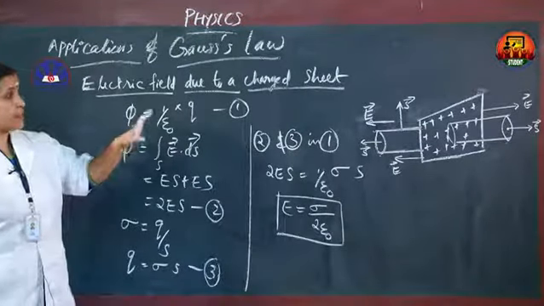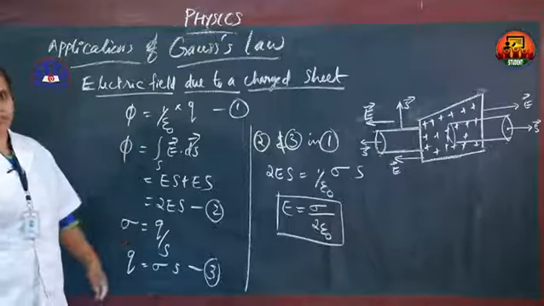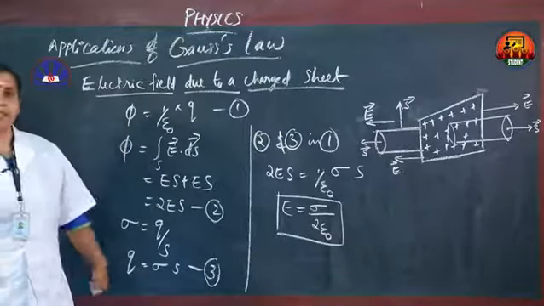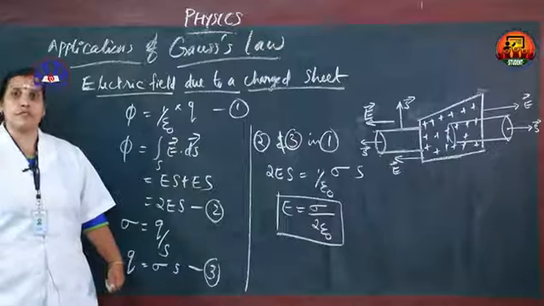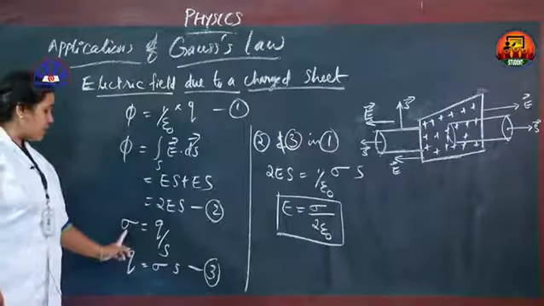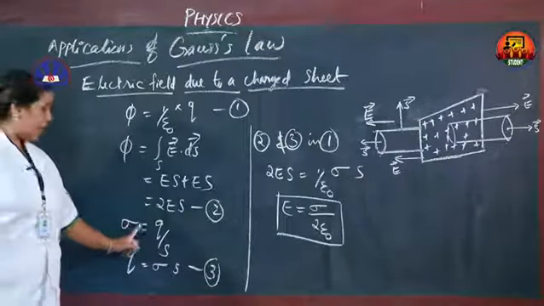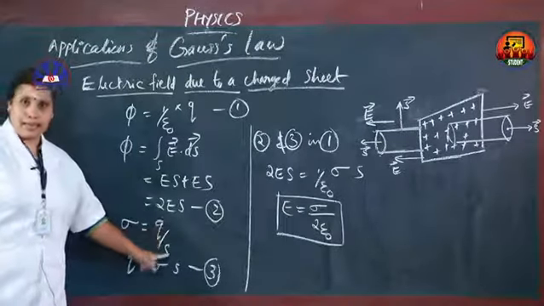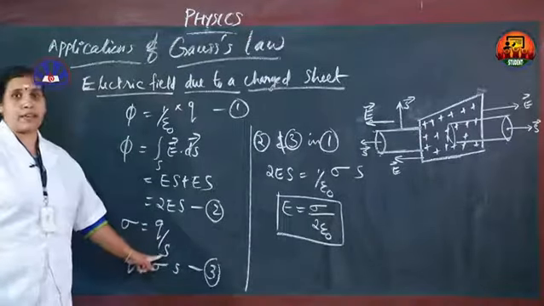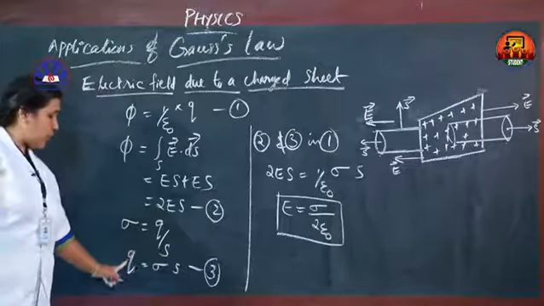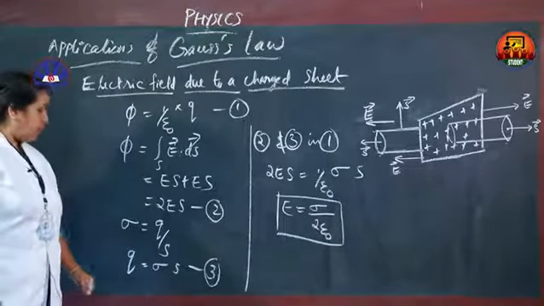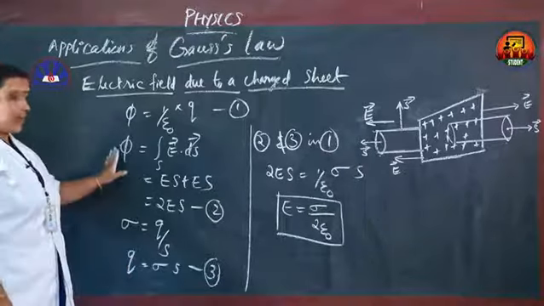The charges are distributed entirely over its surface. So which charge distribution we have to consider? We have to consider the surface charge distribution. And the surface charge density sigma can be written as Q by area. Area here it is surface area S. So that Q becomes sigma into S. So we got both Q as well as flux.